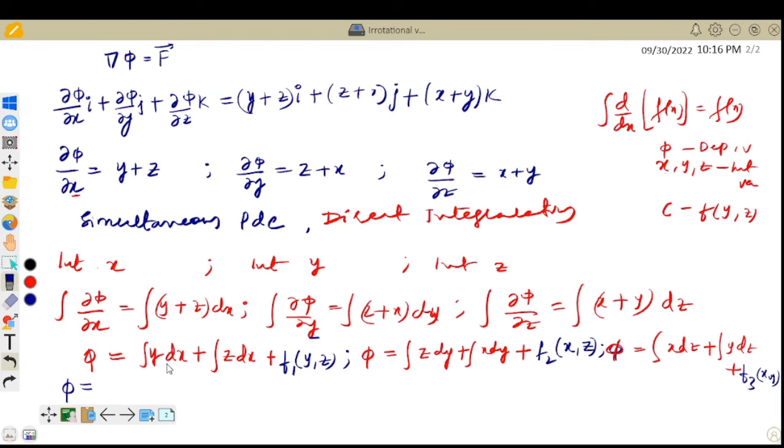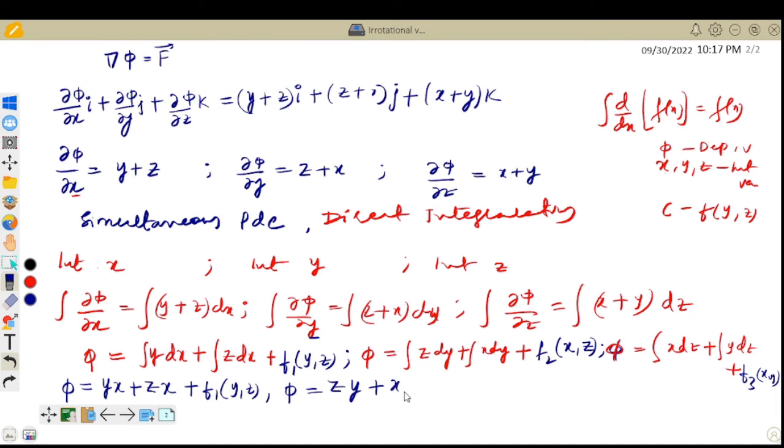So further, φ is equal to integration of y dx; y is a constant, you can write y outside. Integration of 1 dx is just x. Here z is a constant, you can take z outside. Integration of 1 dx is just x, plus f1 of y and z. Similarly, φ is equal to, z is a constant, take outside, integration of 1 dy is just y.